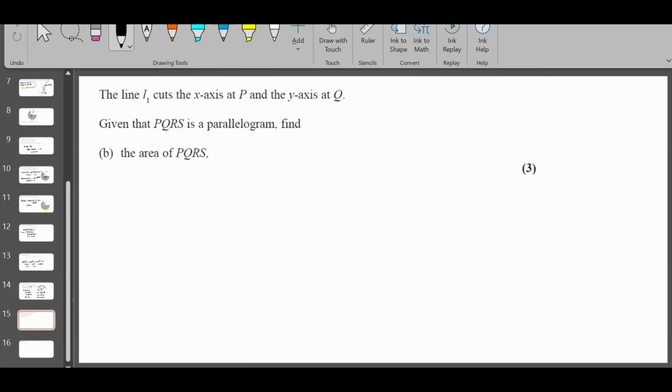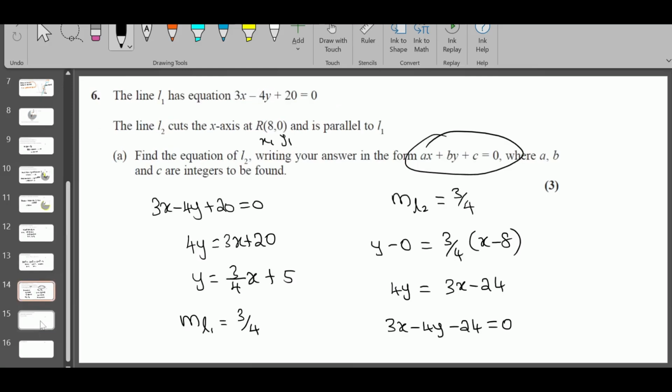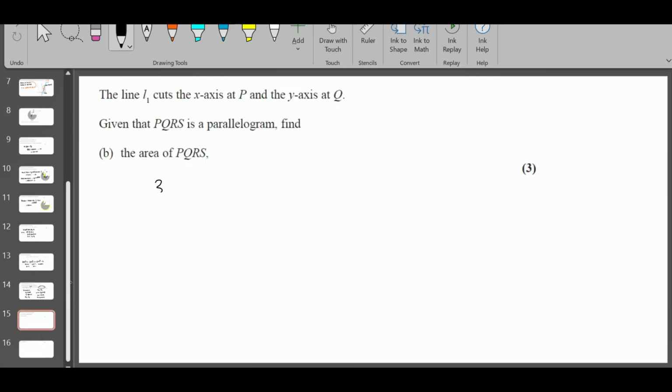Part B, the line L1 cuts the x-axis at P and the y-axis at Q. Given that PQRS is a parallelogram, find the area of the parallelogram. We know the equation of L1: 3x minus 4y plus 20 is 0. When you replace x by 0, you get minus 4y is equal to minus 20, y is equal to 5.